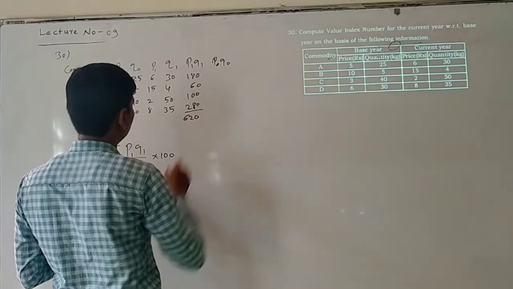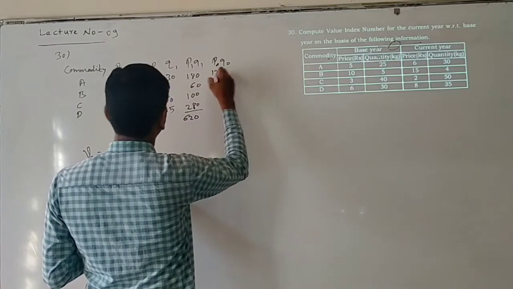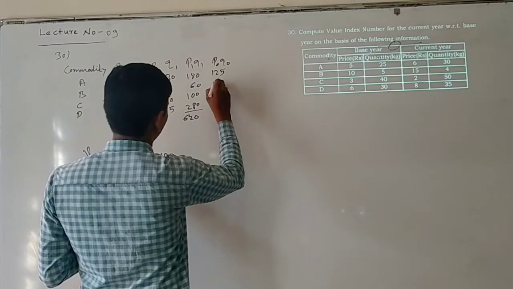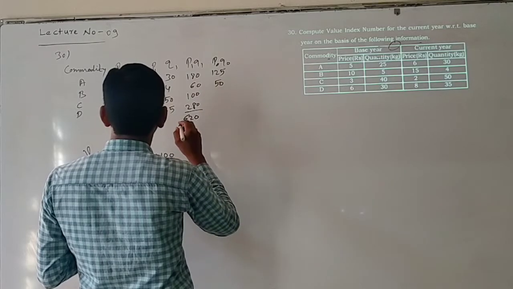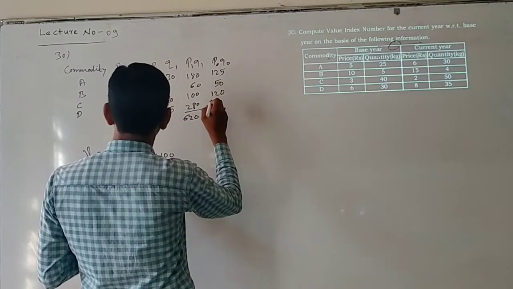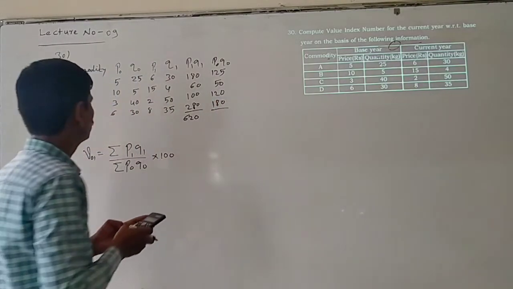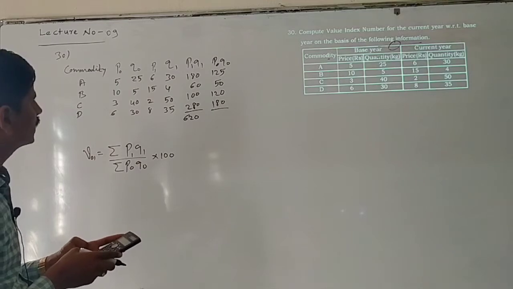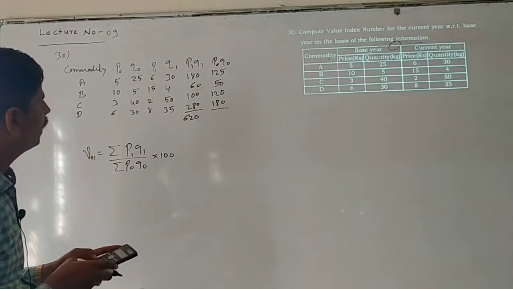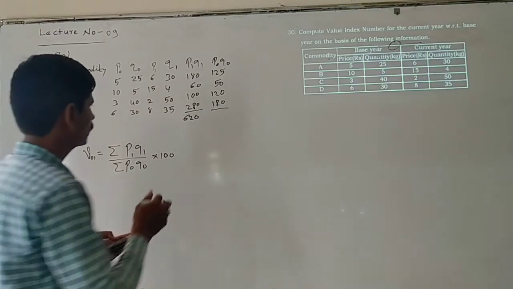Next you have to find sum of P0 Q0. 25 into 5 is 125, 10 into 5 is 50, 40 into 3 is 120, 6 into 30 is 180. Here 180 plus 120 is 300, 300 plus 50 is 350, 350 plus 125 is 475.